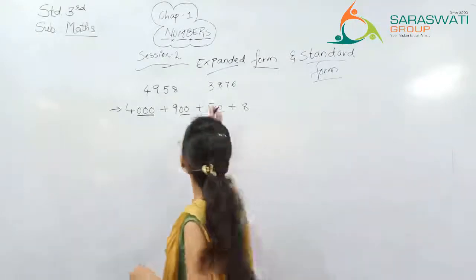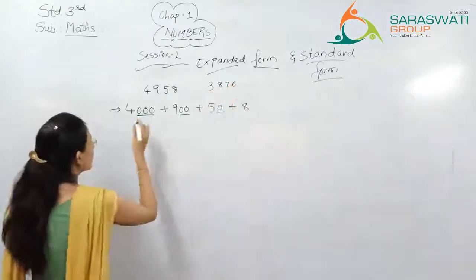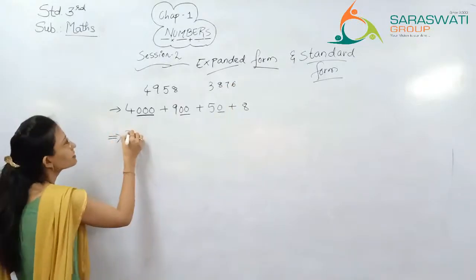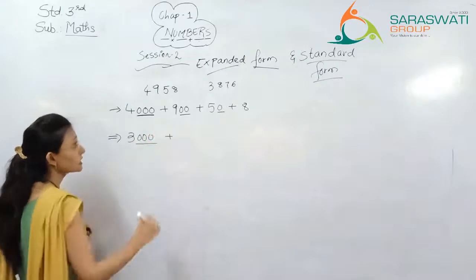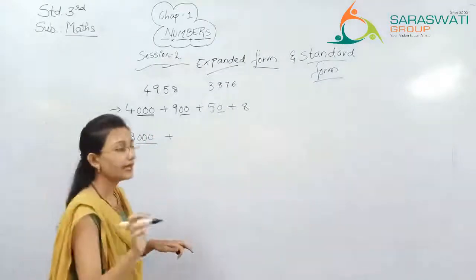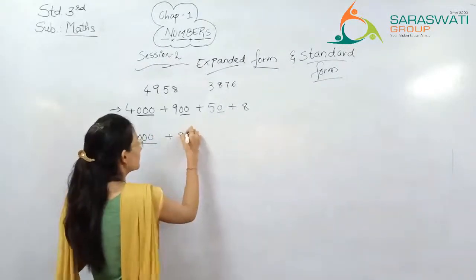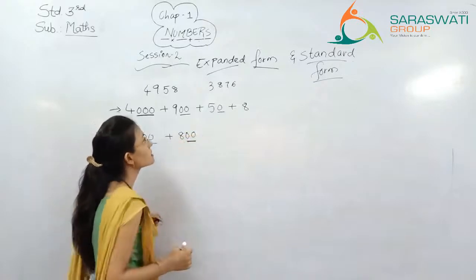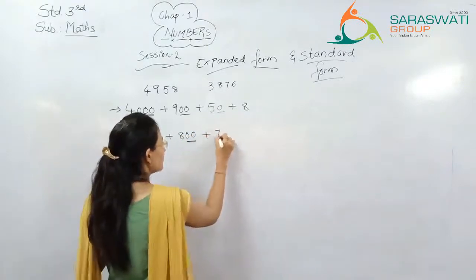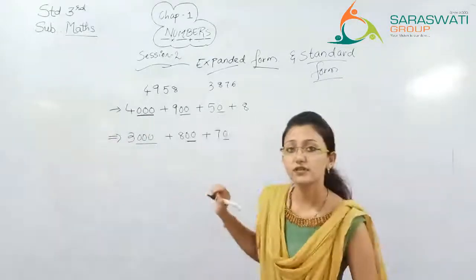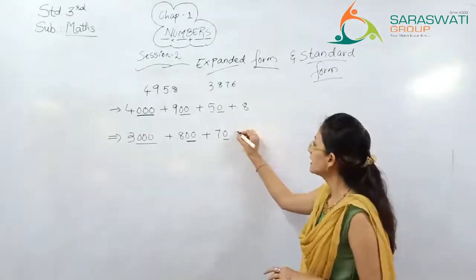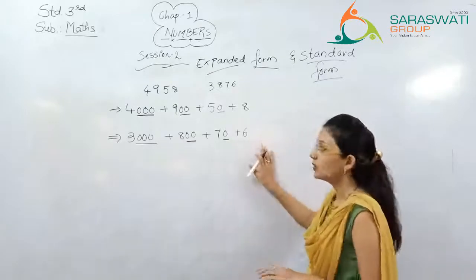Similarly, we are writing the second number. So here it is 3000, 3 followed by 3 zeros, then 800, 8 followed by 2 zeros, plus 70, 7 followed by 1 zero, which is on the tens place, and then number 6, which is on the ones place.